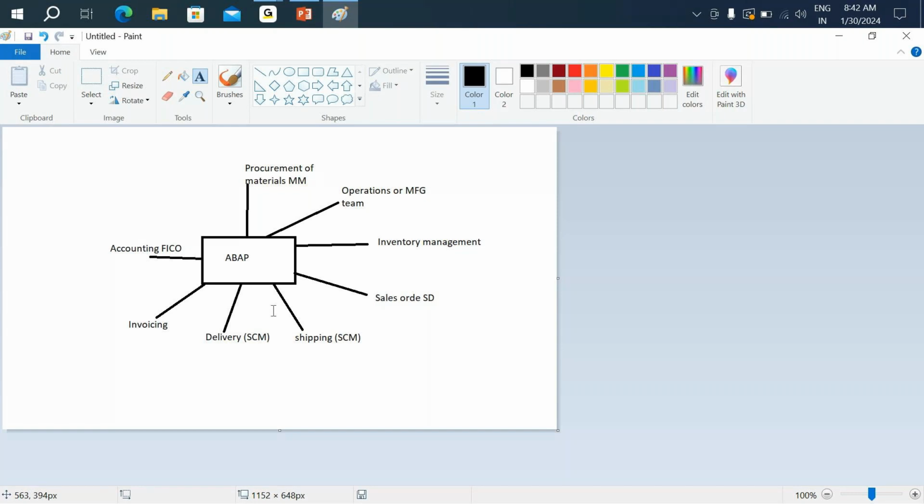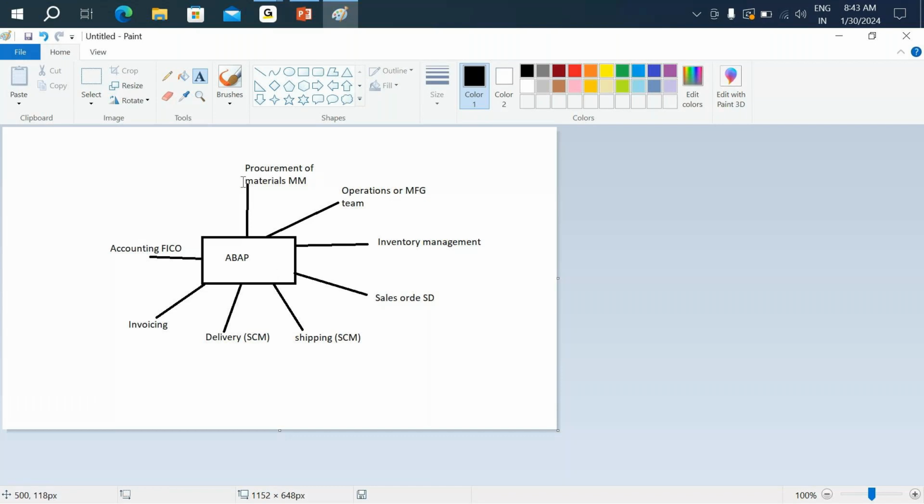So that's the benefit of what I was showing you in the earlier slides. I told you that we will have many openings. This is the reason. For example, let's say in procurement or the MM team, I have two people. MFG, I have five people. Inventory one, sales order one, three, four, five, like that. I have multiple people in my multiple teams. At any given point of time in any company, you will have times three of your functional teams.